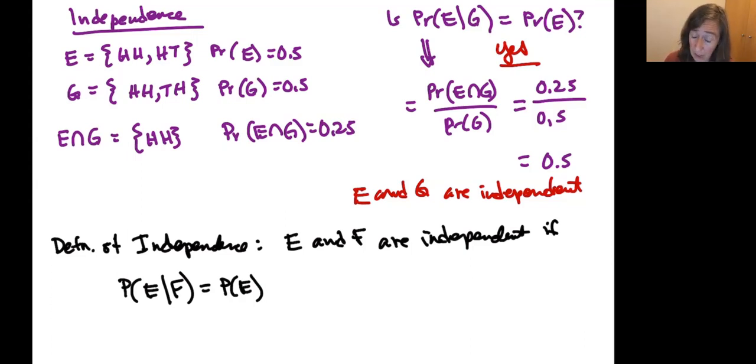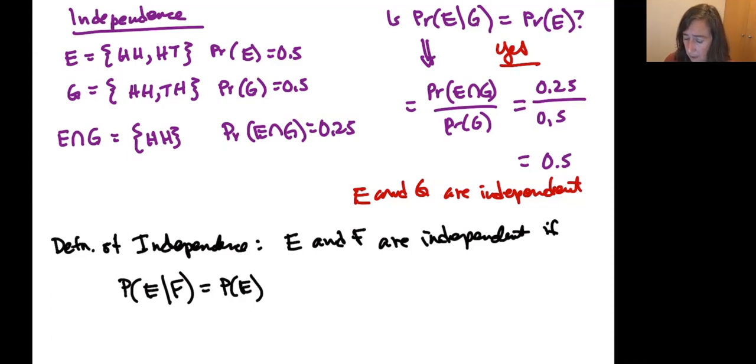So when and only when they're independent, the probability of E intersect F equals the probability of E times the probability of F.